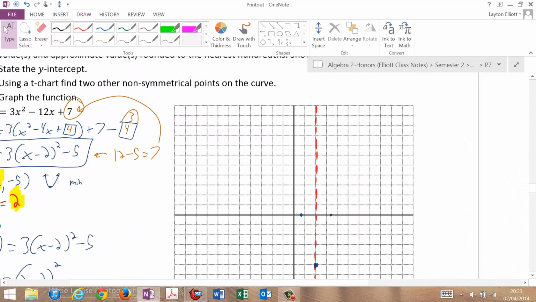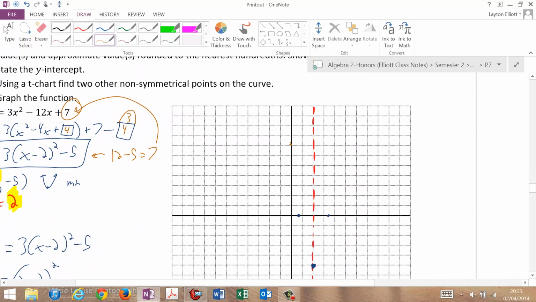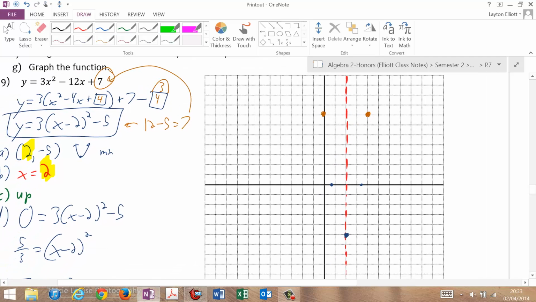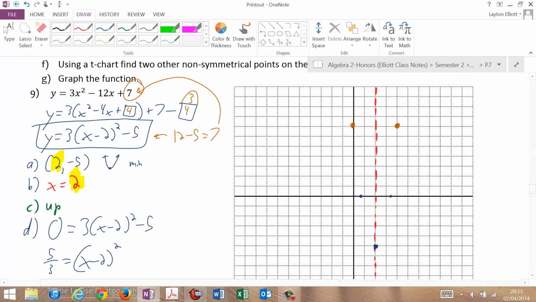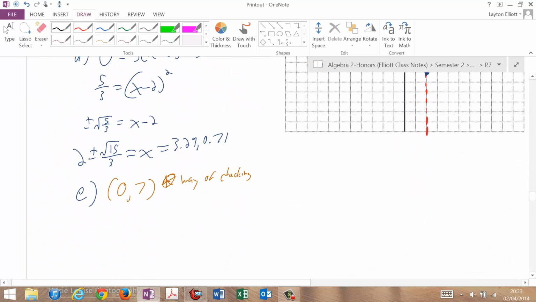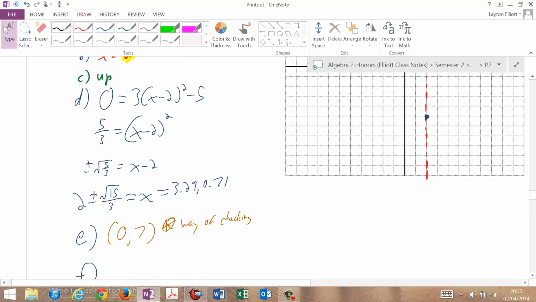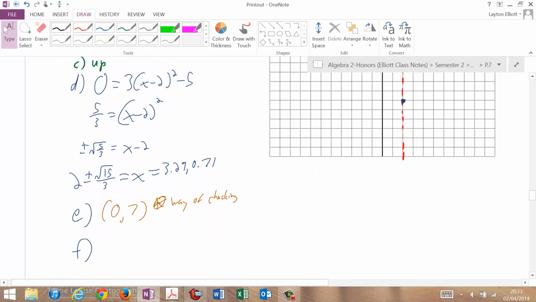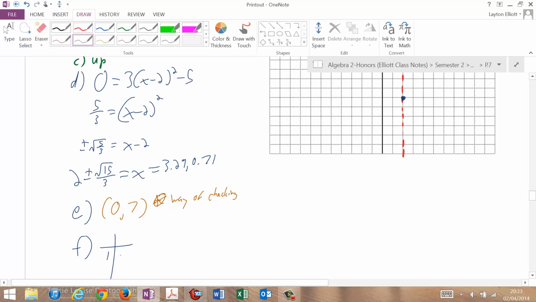And if I plot (0, 7) on the graph, I get the y-intercept. Then let's put the same point on the other side of the axis of symmetry. We want 2 other non-symmetrical points on the curve. Well, maybe we only need 1, and here's why.